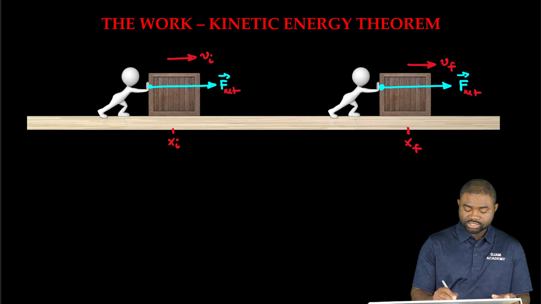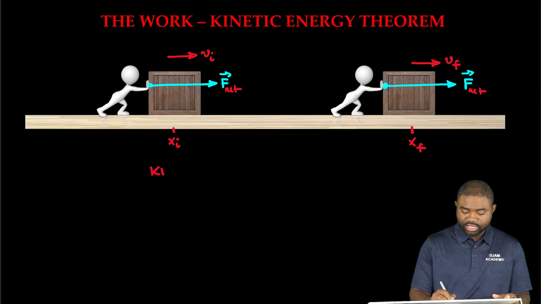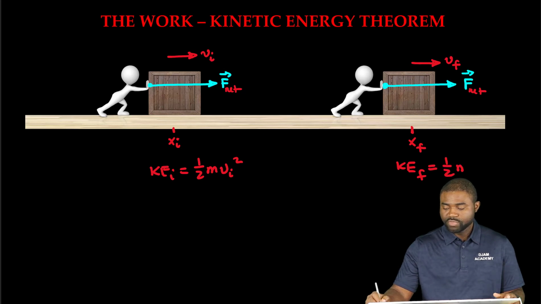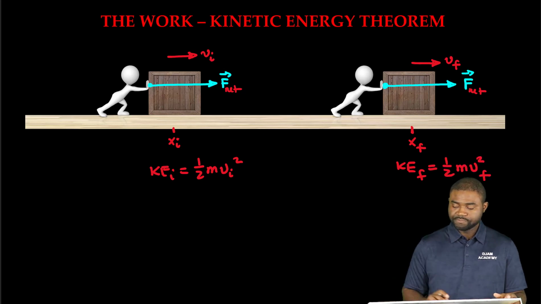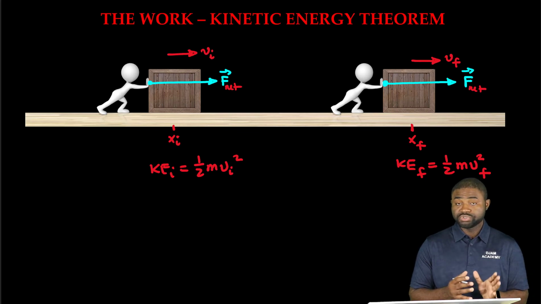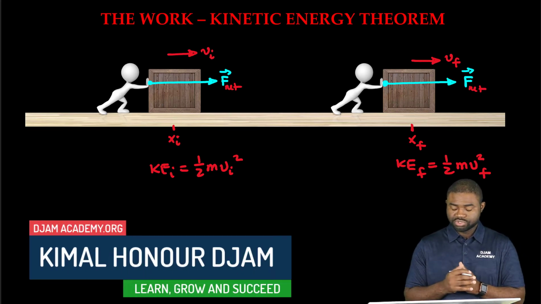We know that the initial kinetic energy KE initial is simply equal to 1/2 m v initial squared, and the final kinetic energy KE final is equal to 1/2 m v final squared. So when the application of a force causes the velocity of the box to change from Vi to Vf, the speed of the box changes, since it's moving along a straight line.